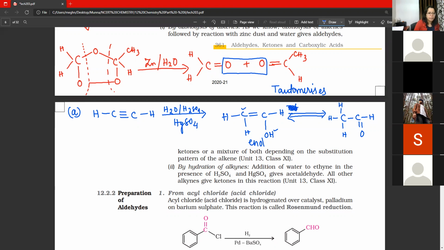Similarly, if you have any alkyl group attached already and you are using the same reagent, that is water, H2SO4 in presence of HgSO4, then all of you check it.